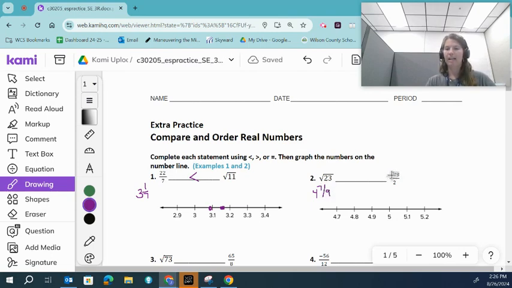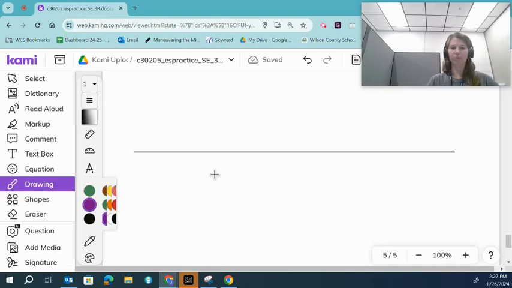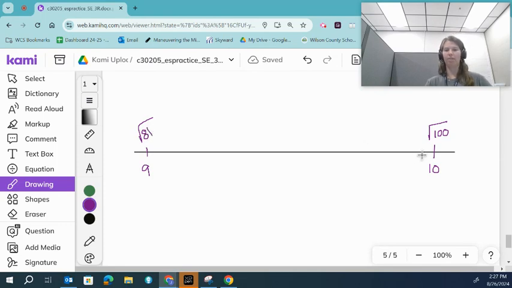And then my square root of 98. Again, I'm going to use a number line here. The square root of 98 I know is really, really close to 10 because the square root of 100 is 10. And it'll be between 9 and 10, the square root of 81. 98 again is very close to 10.